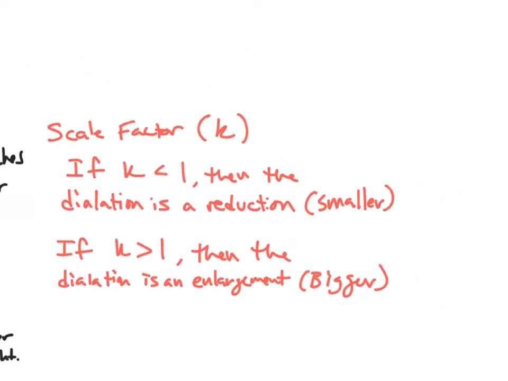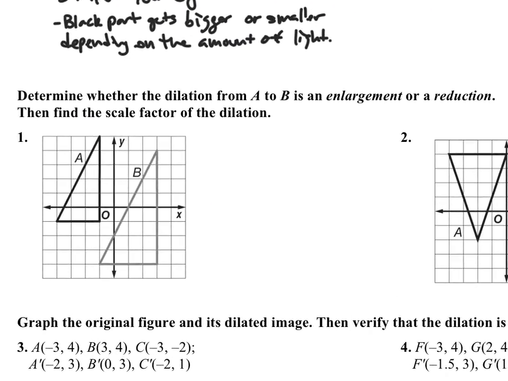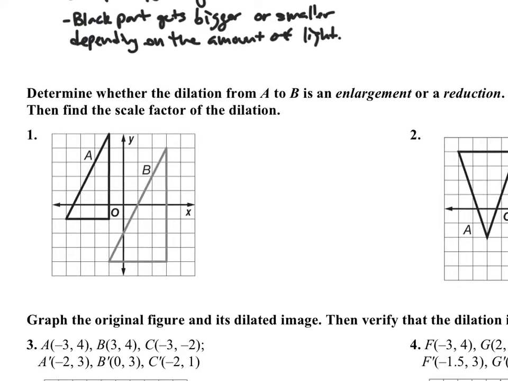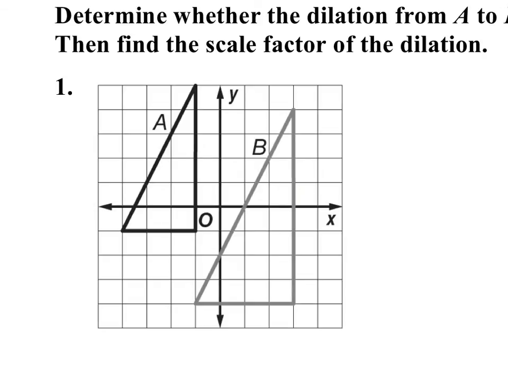So let's take a look at some examples, numbers 1 and 2. It says, determine whether the dilation from A to B is an enlargement or reduction, then find the scale factor of the dilation. If A is our pre-image and B is our image, this is where we start and this is where we end up.